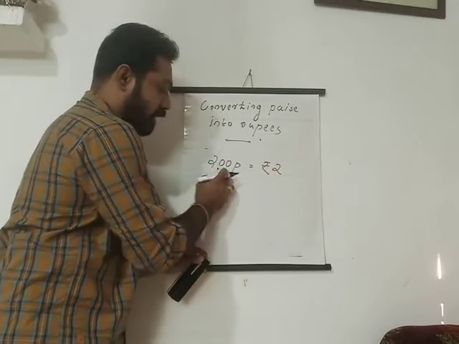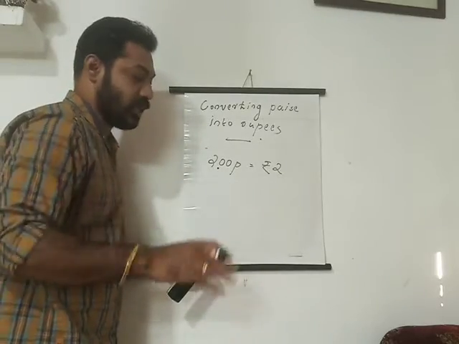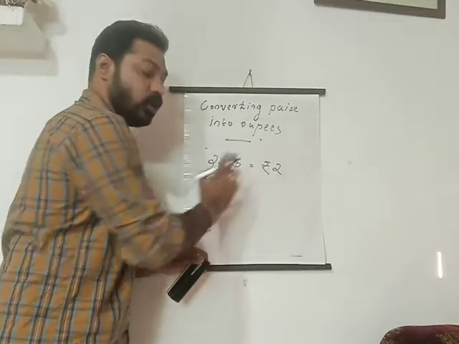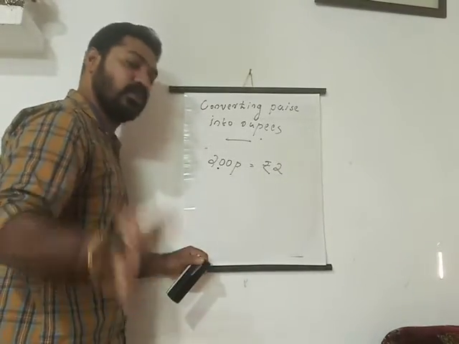The remaining part is 0, just leave it. Here there are no other paise, that's why we got only rupees 2, because 200 paise means only rupees 2.